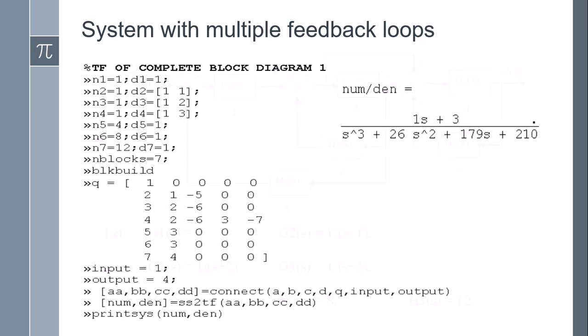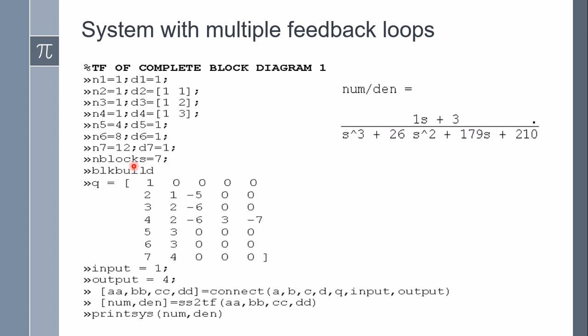For block 1, the gain G1 of s is 1, so the numerator value is 1 and the denominator value is also 1. For G2, 1 by s plus 1, the numerator polynomial is 1 and the denominator polynomial is 1 comma 1, meaning s plus 1. In a similar way we represent up to the 7 blocks.